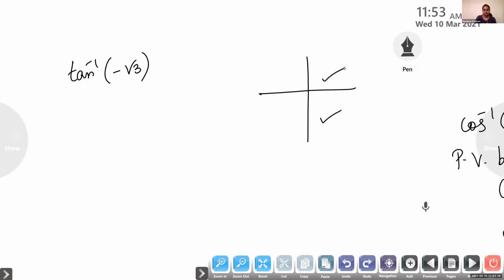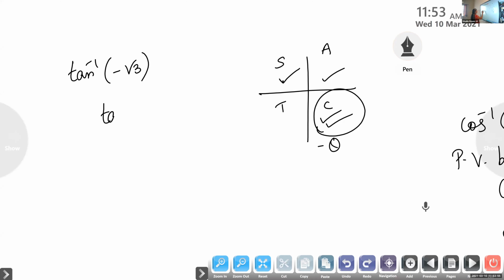Okay. So what is the possibility you are getting here? Again, fourth quadrant. Fourth quadrant means it takes the form minus theta, isn't it?